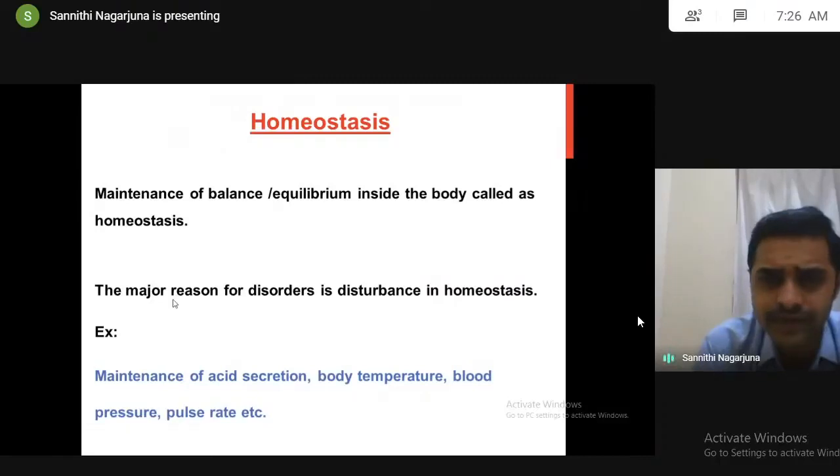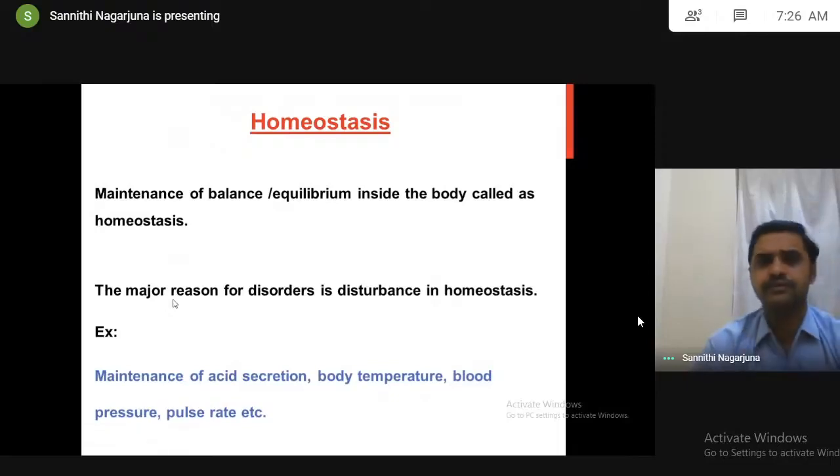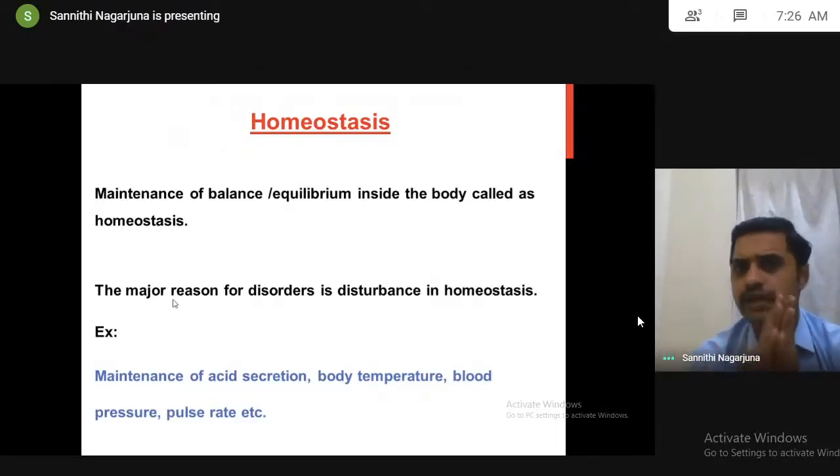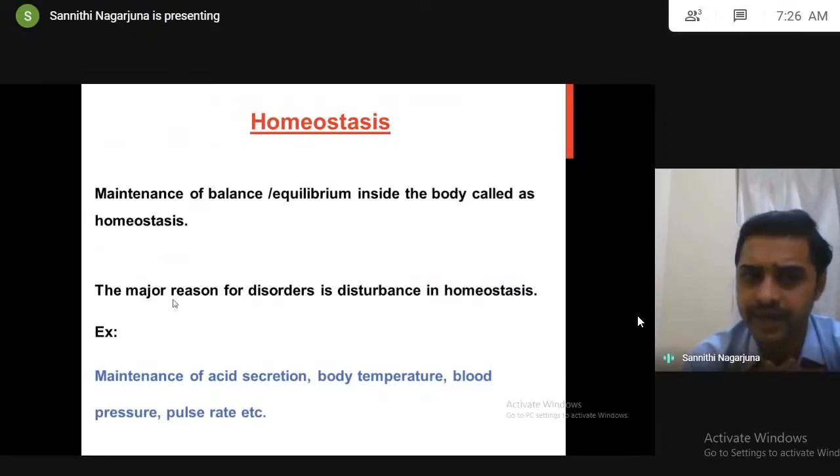The meaning of homeostasis is the maintenance of balance, the maintenance of equilibrium inside the body. Clear? Try to understand.